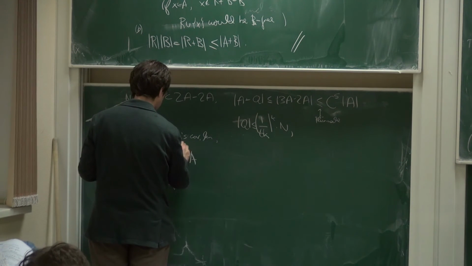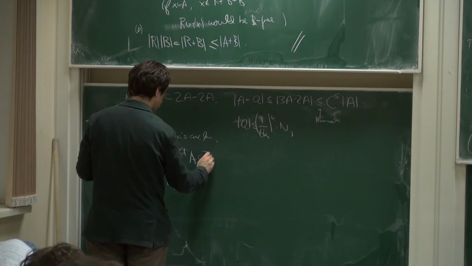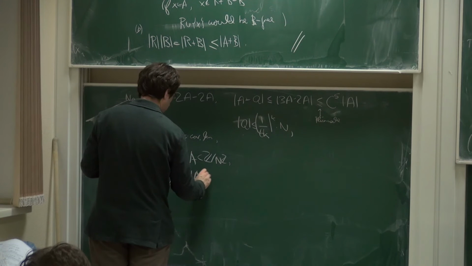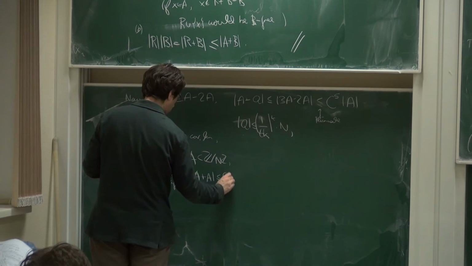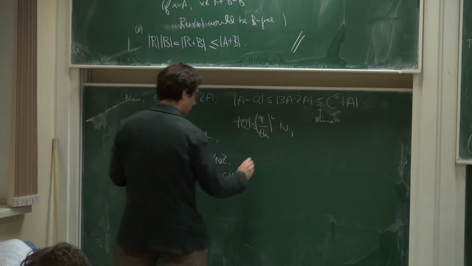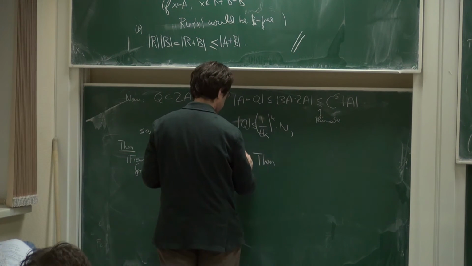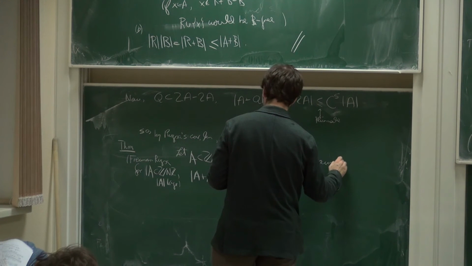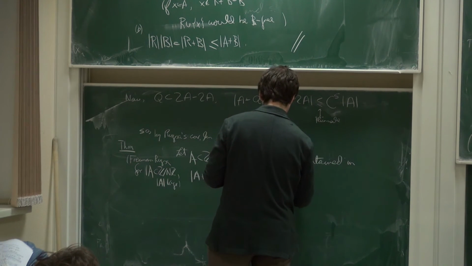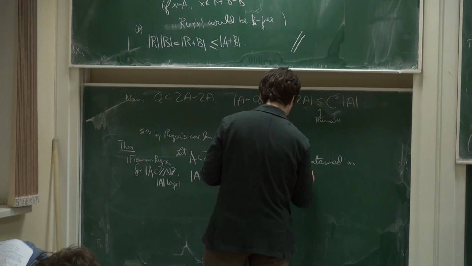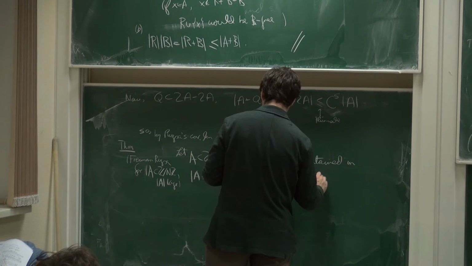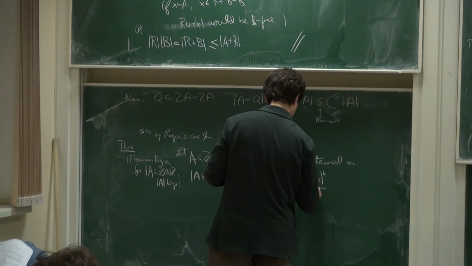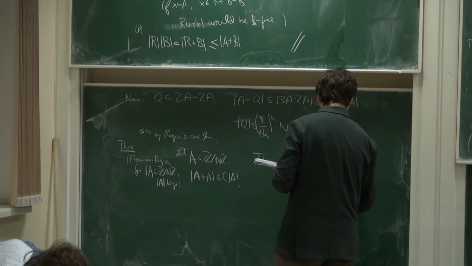So let A be, of course, in Z mod nZ, with |A+A| at most C times |A|. Then A is contained, we have just shown, in at most C to the 5 times (6k) to the k times n over |A| translates.